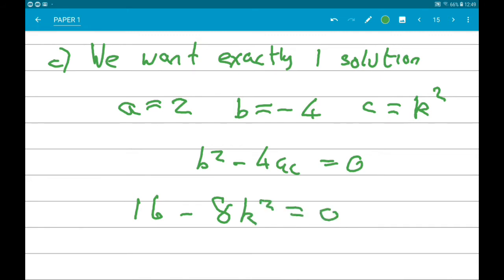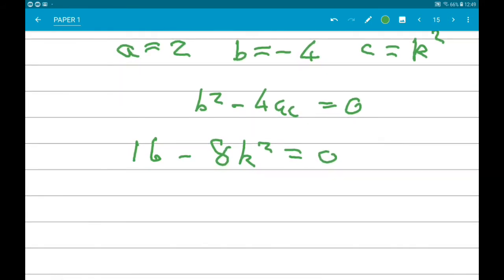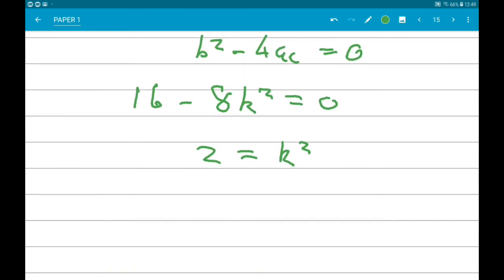So from that we can get k squared is 2. Square root, k is plus or minus root 2.